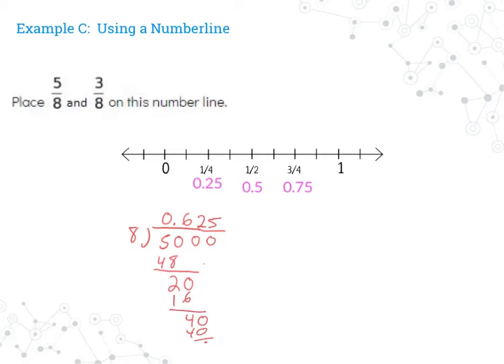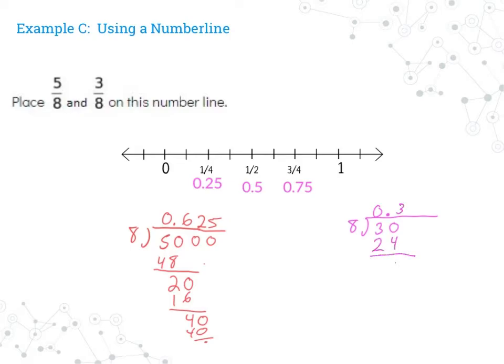But let's go ahead and do the 3/8 now so that we can figure out where that one is. Again, I'm going to take my 8 and divide it into 3. I know it doesn't go into 3 evenly, so I'll put my 0 and put my decimal point. I'm going to need another 0. 8 does go into 30 three times. 8 times 3 is 24.